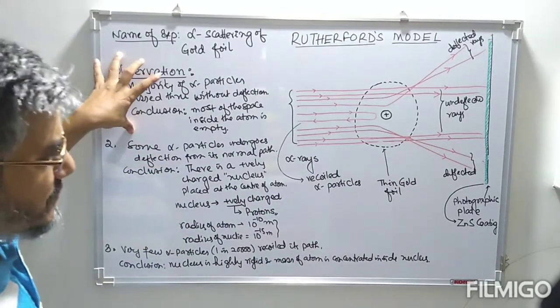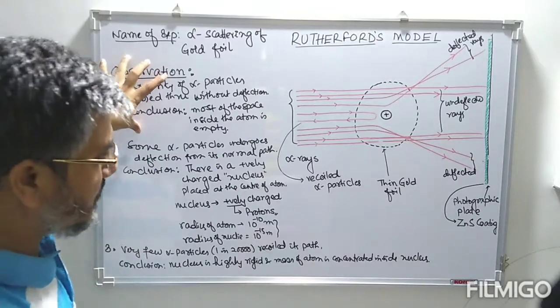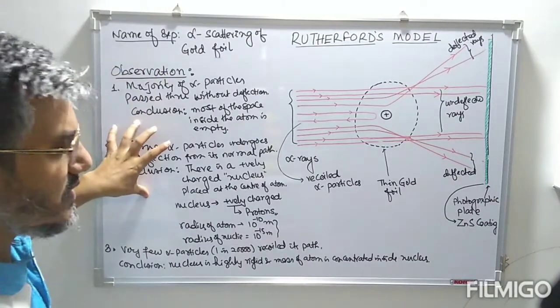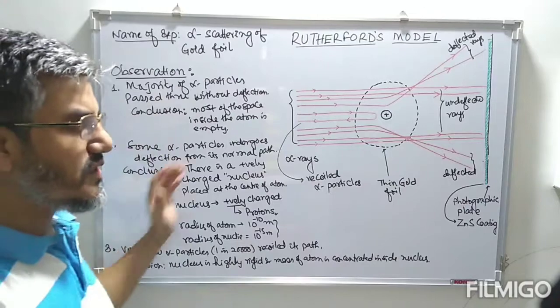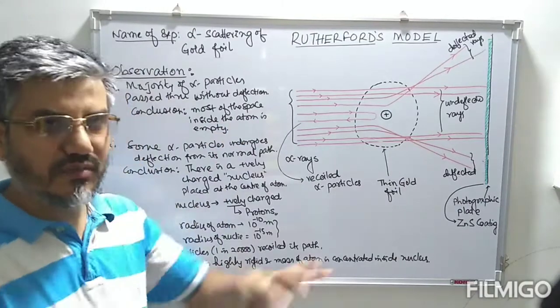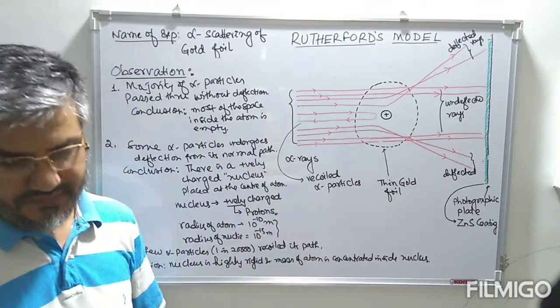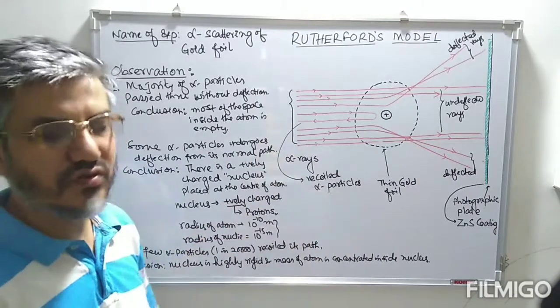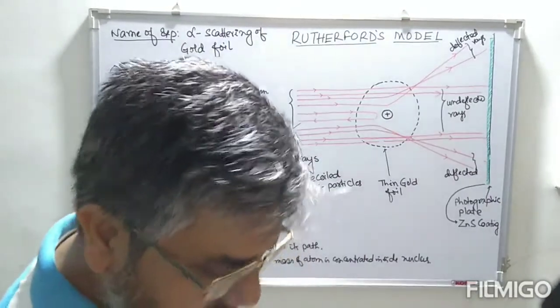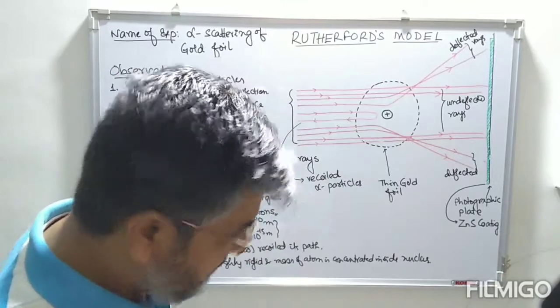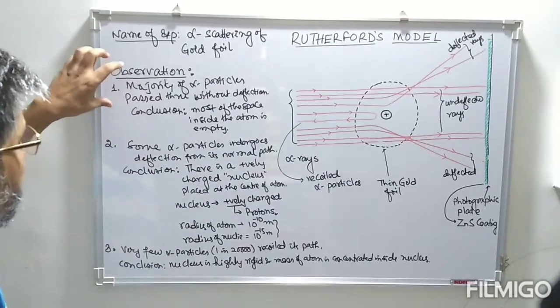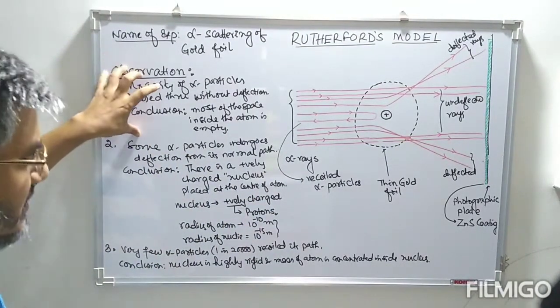Then what the observations are, what conclusion is drawn from these observations, and based on the observations and conclusions, a model was developed. So this is Rutherford's model: basically, three observations and three conclusions.